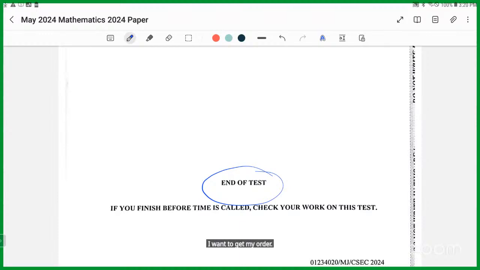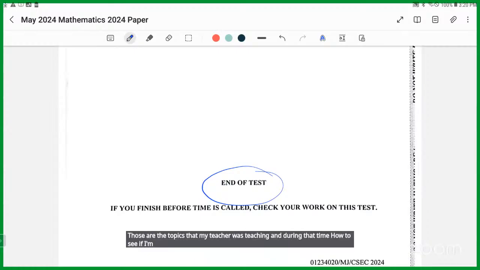We need to go over transformation, because those are the topics that my math teacher was teaching, and at the same time we get the other mark.